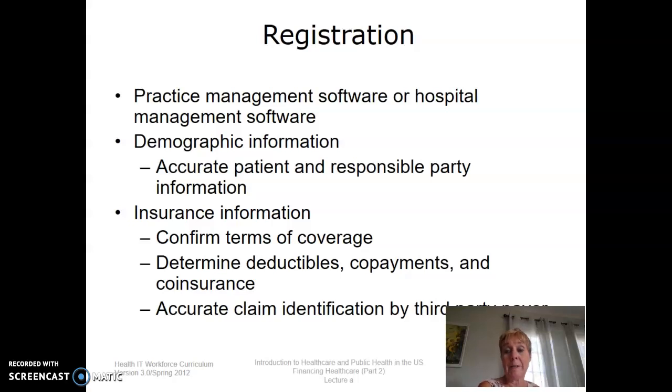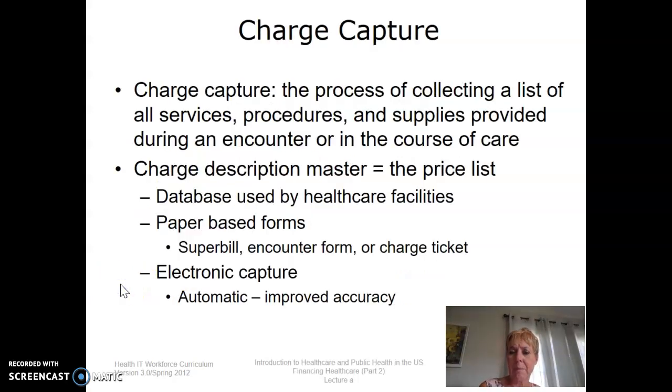I kept waiting. Finally, I got a bill from the hospital. And I called the hospital. I said, what happened? They said, well, you were denied. And I said, I never got anything. Here they had billed a totally wrong insurance company for my service. So I called, they fixed it, resubmitted it, and it was taken care of. So whoever is doing that registration, it's important to get the right information.